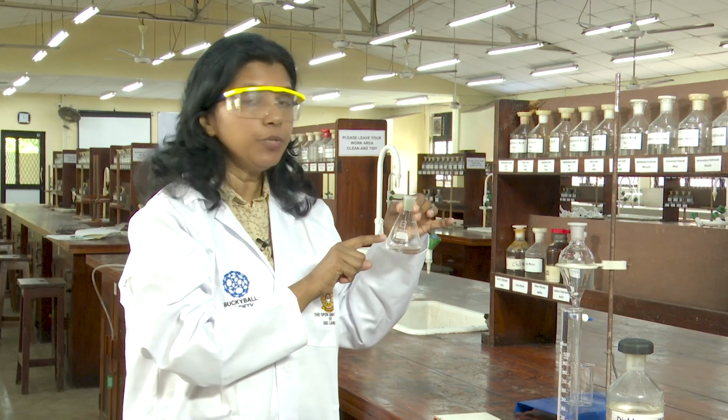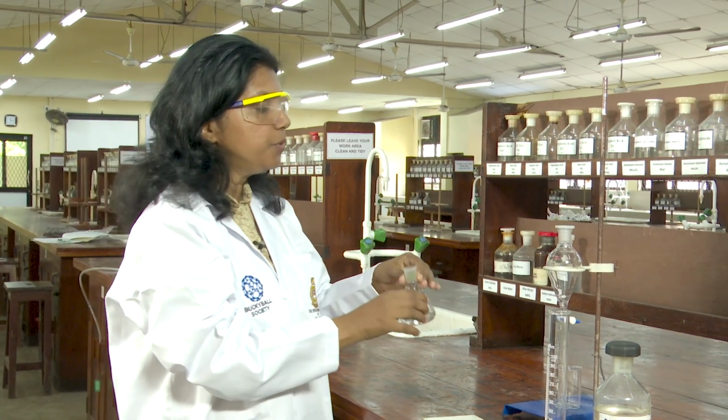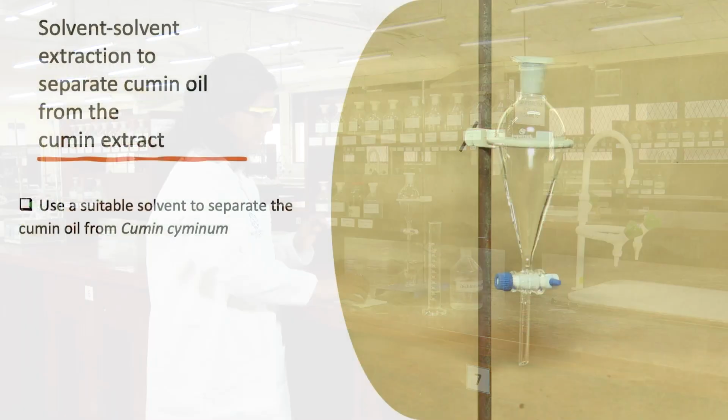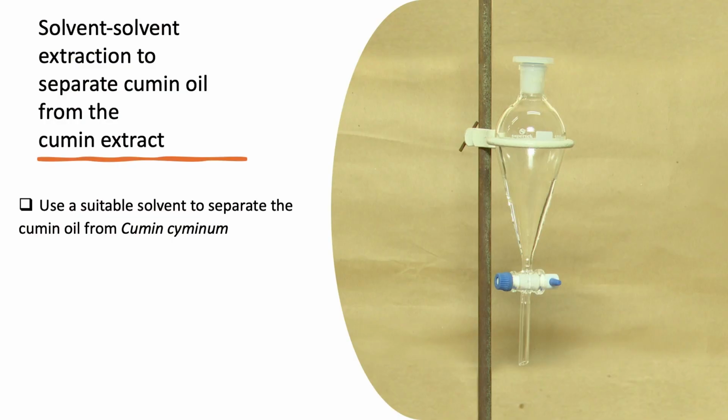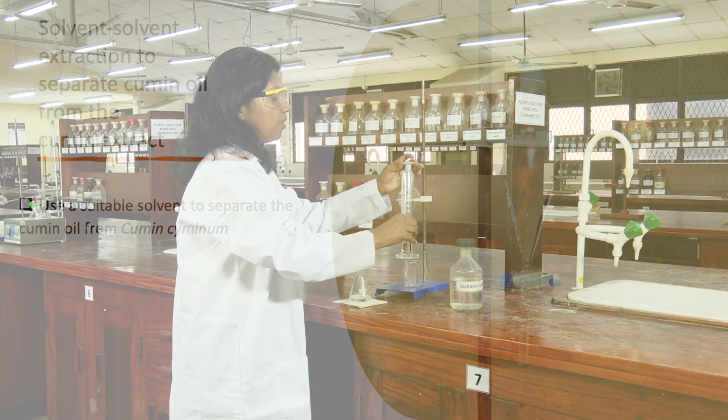Now we are going to separate the distillate by using a separation funnel. We are using dichloromethane as a solvent.